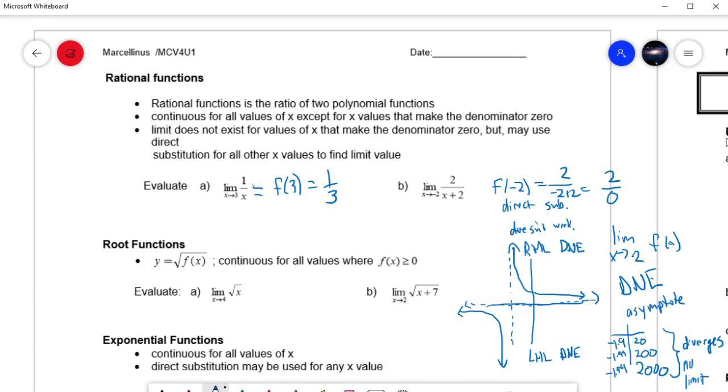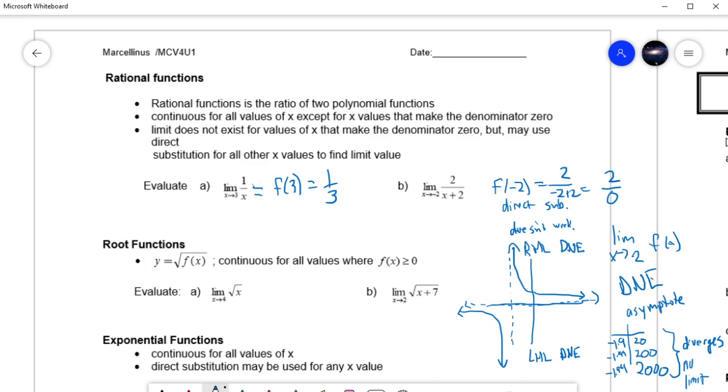Say you didn't know how to graph, it was more difficult than this, and you couldn't just do a quick sketch. If you want to check what's happening at a point, test values closer and closer to the point. You're either going to notice that these numbers on the right converge on a value, in which case you do have a limit, or you're going to notice these values diverge and get bigger and bigger, and therefore you do not have a limit.